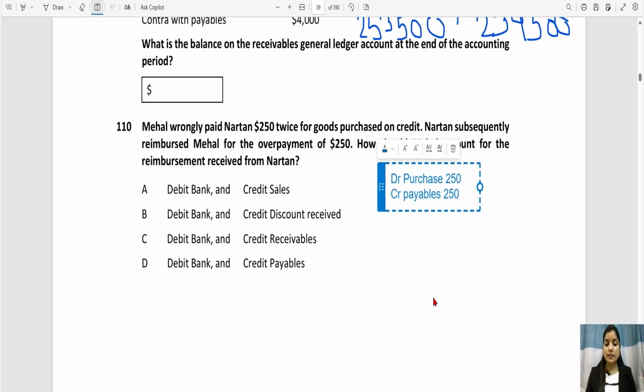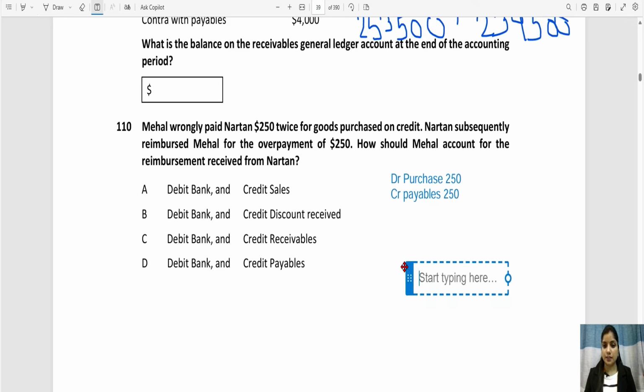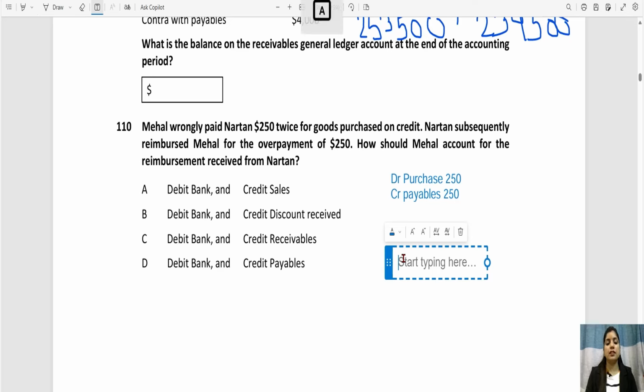So this is the initial journal entry we passed at the time of purchase of goods on credit, right? So now it's time to pay the supplier. How much have we paid? We have paid 250 twice, meaning we have paid 500, right?